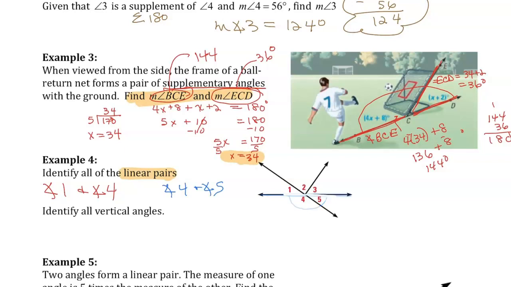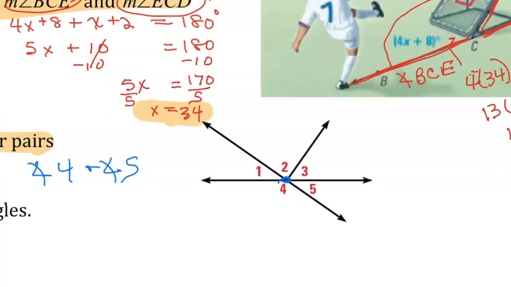Okay, so that was 4 and 5. Let me erase this. Okay, now, really super carefully, look for vertical angles. So I'm going to say, this is my vertex right here. Okay, if that's my vertex, I need angles that share that vertex and are made up of opposite rays. So here's a ray right here. Here is its opposite.